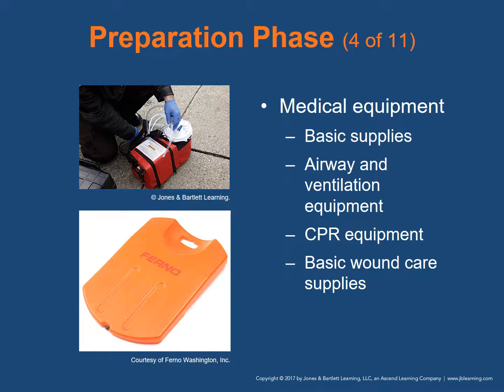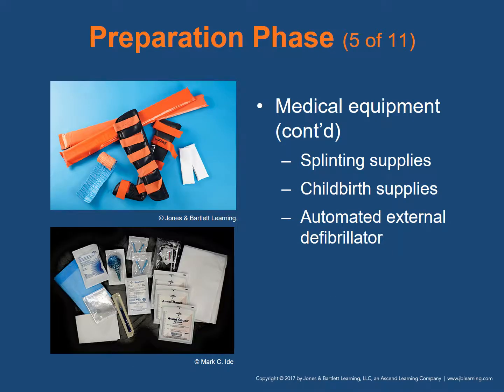And of course, we have basic wound care supplies like roller gauze, bandages, band-aids. We have splinting equipment, and so on and so forth. Like I mentioned, splinting supplies you can see in that upper right-hand picture there. We have childbirth supplies like the OB kit.